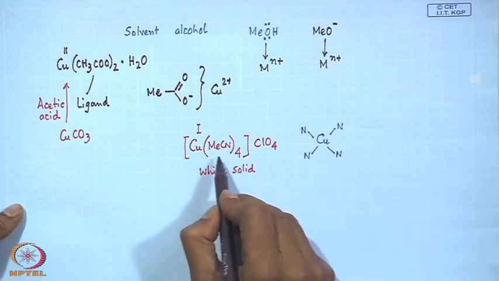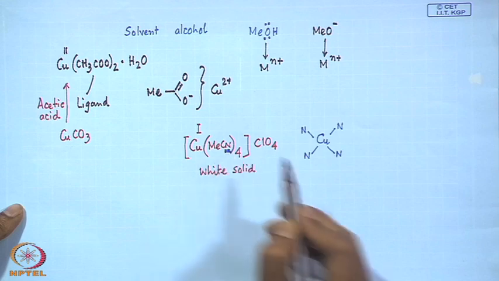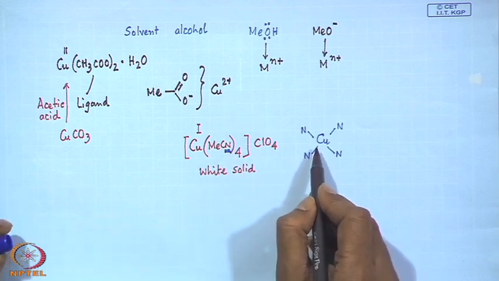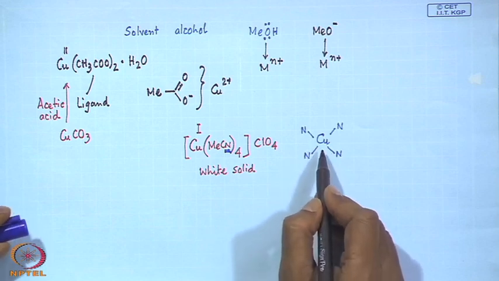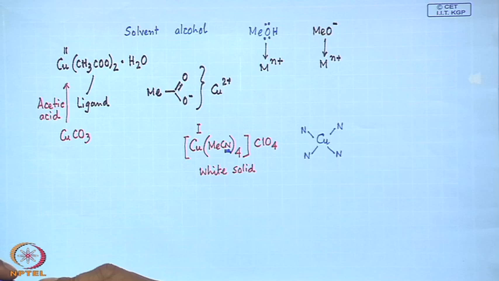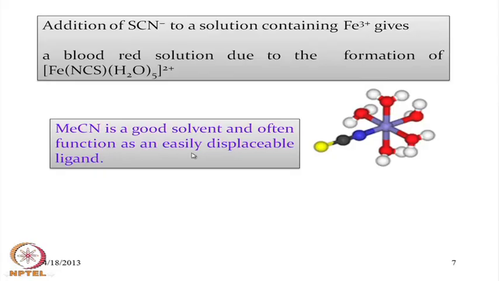So, acetonitrile nitrogen is also a donor atom, and it can function as a donor atom to the metal center. So, like water, like alcohol, it can function as a very good ligand to the metal center. And one more important function of acetonitrile is that we can displace it by some other incoming ligand.